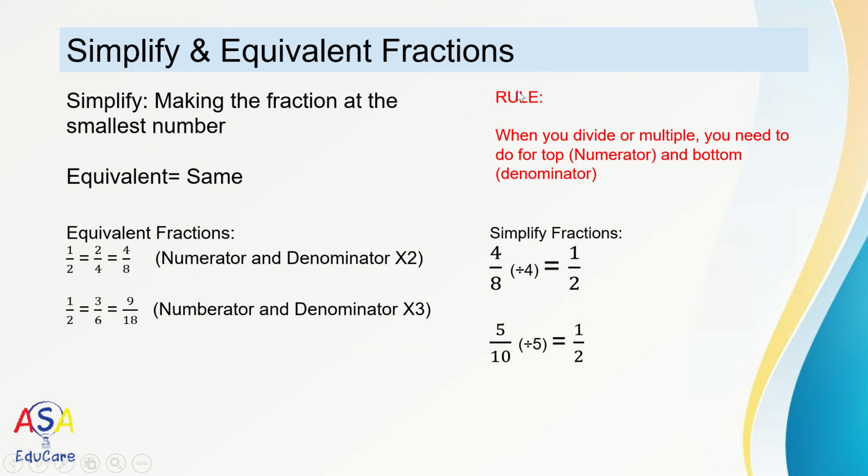Always remember the rule, when you divide or multiply, you need to do it for top numerator and bottom denominator. Meaning that here I times 2, down here also I times 2. So I did the same thing here, become 4 over 8. So the numerator and denominator I just times 2. Same here, I tried with times 3 and I got this answer.